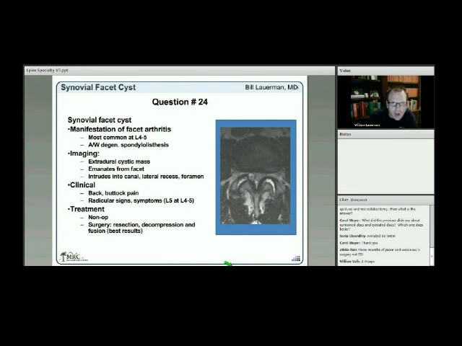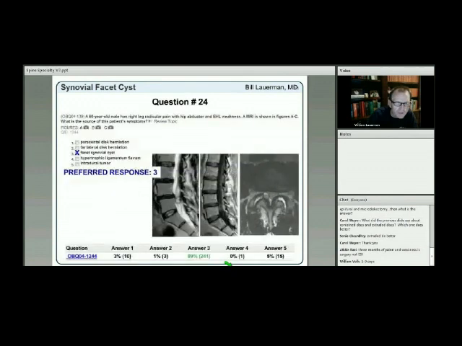And if you're going to operate, the operation consists of resection, decompression of the thecal sac and nerve roots, and there have been several studies showing that the best surgical results occur if you include a fusion in the treatment, because the primary problem is facet pathology, facet arthropathy, and if you don't fuse them, the cyst often comes back.